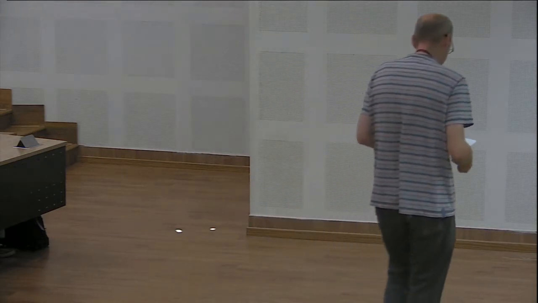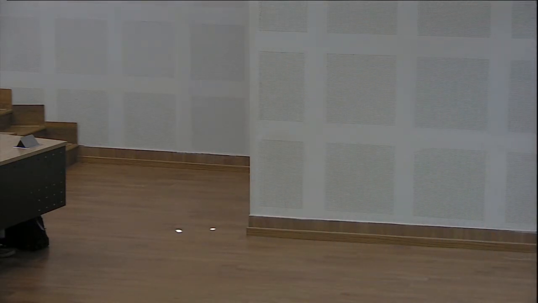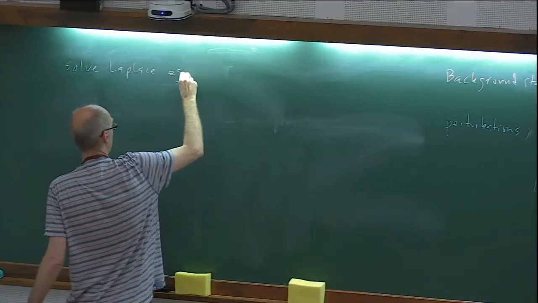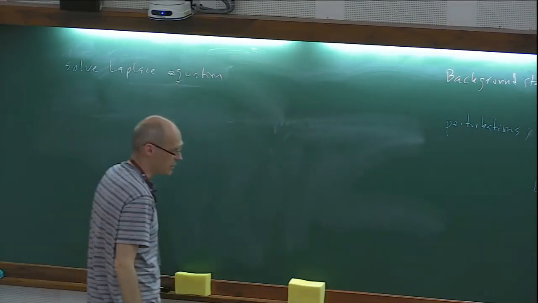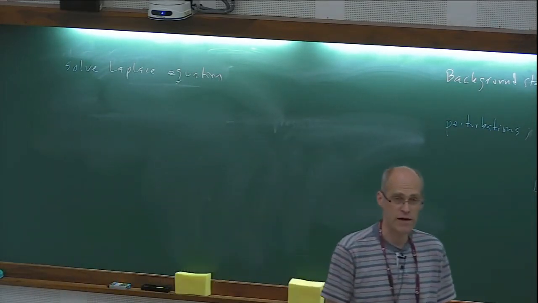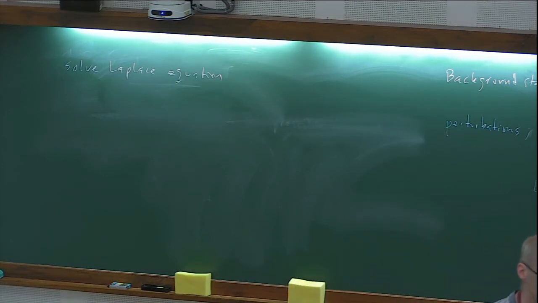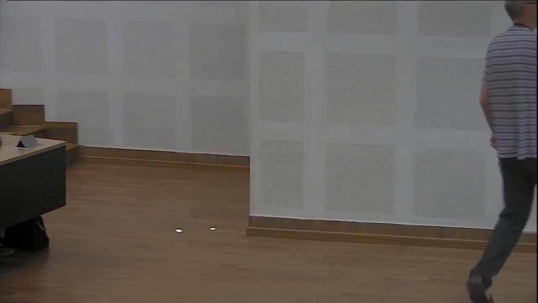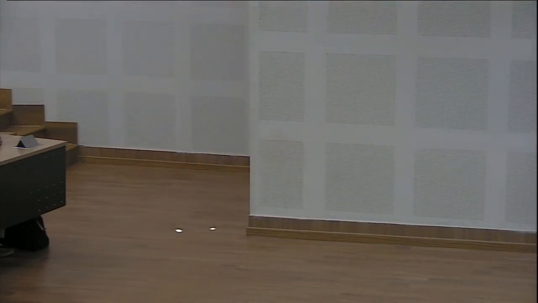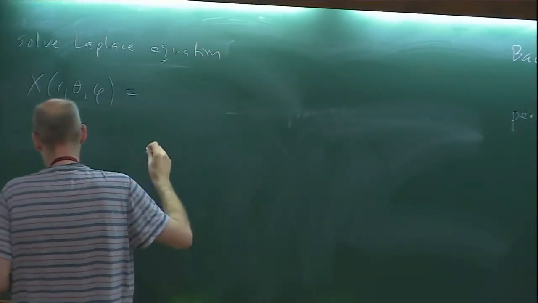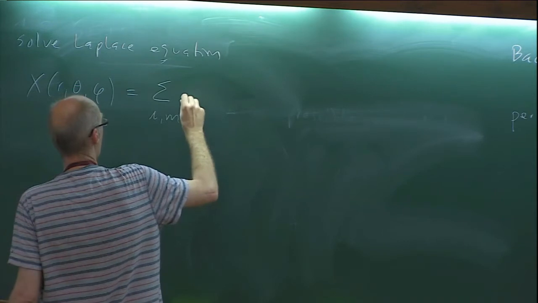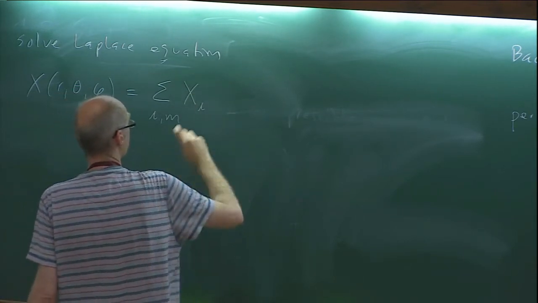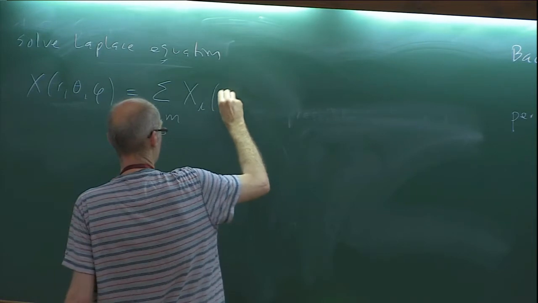In a sense, what we need to do is solve Laplace's equation in some coordinates. Because we're dealing with a star, the natural choice is spherical coordinates. Right? It's a ball after all. And so the natural way to do it is to say that we have an X, a function of r, theta, and phi, which is simply a sum over some X_l and m, I guess, but let's just say X_l.